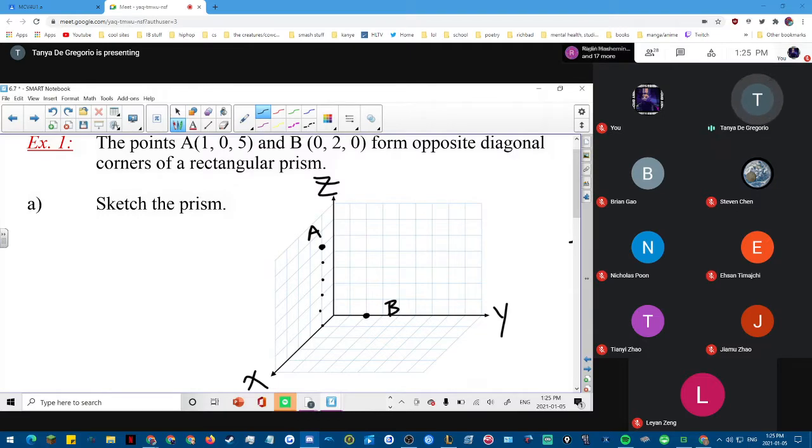So I want you guys to go ahead and sketch the rest of this prism, keeping in mind that it has to form a rectangular prism. So take a minute to go ahead and draw that.